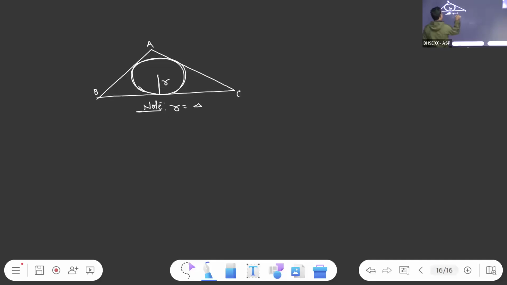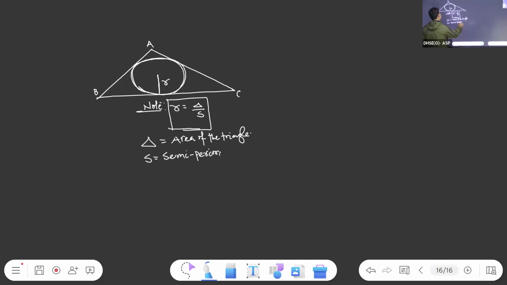R is equal to delta upon S, where delta is the area of the triangle and S is the semi-perimeter of the triangle.